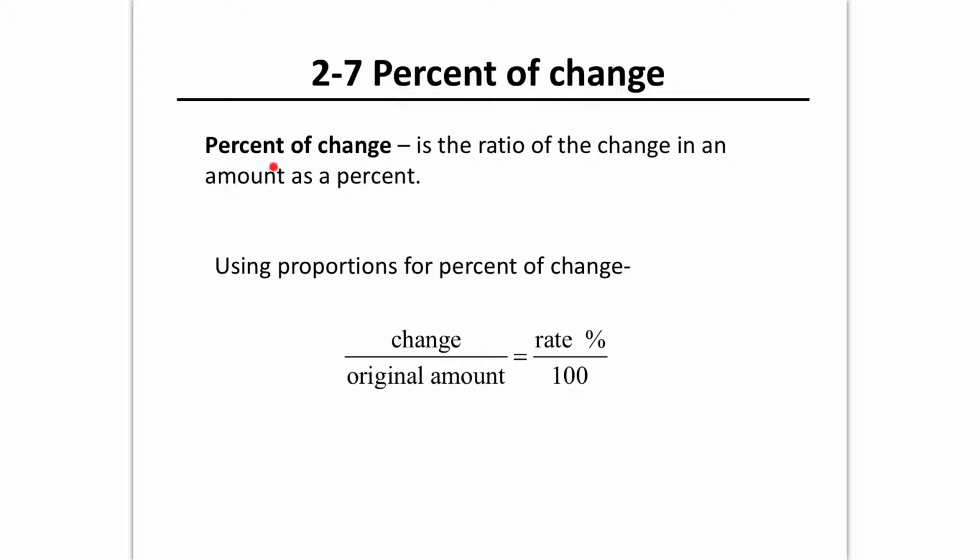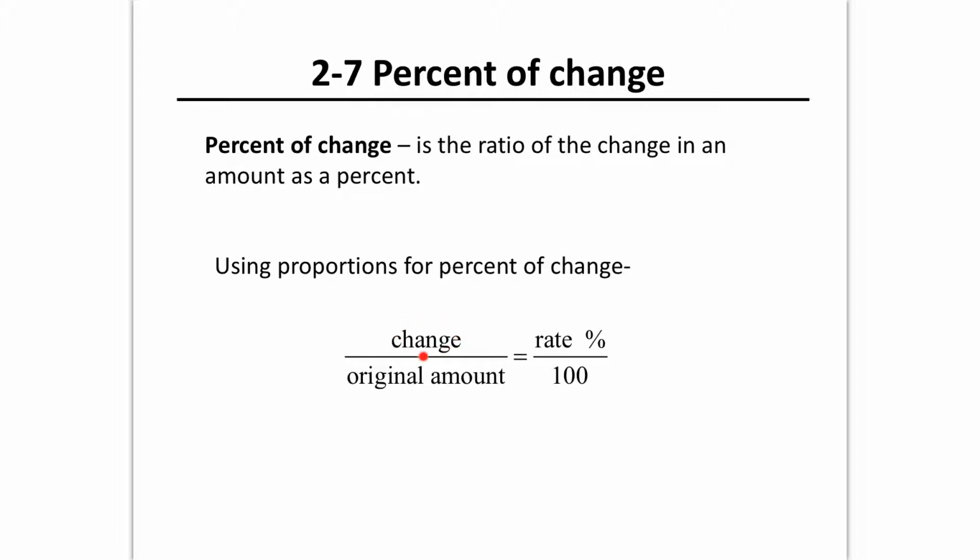So first of all, percent of change, that's a ratio where a change in an amount is as a percent. When you are looking at a proportion, you can estimate or you can find the rate of change by using this proportion here. So the first fraction on the top, you guys have the change in the amount. So let's say that from $20 it went up to $23.